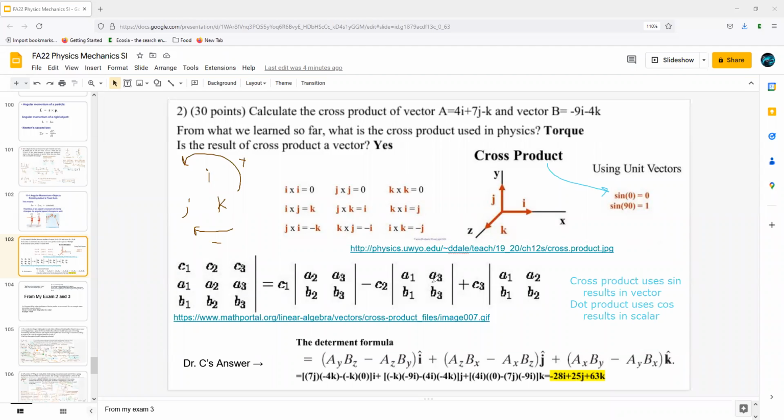Anyway, this is another version. I think it's called the matrix. So for C1, you cross it this way. No, cross that way, and that way. And then for C2, cross these two. And for C3, cross these two.